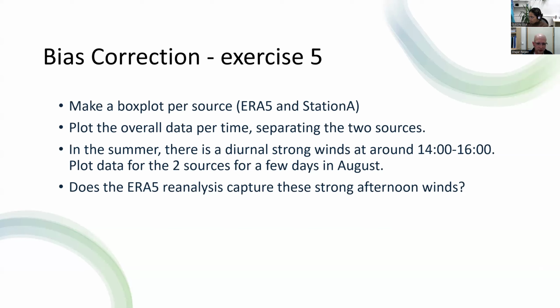In the summer, there are strong diurnal winds in the afternoon, between 2 and 4. So we look at a few dates in the summer, and look at the two sources, ERA 5 and Station A.